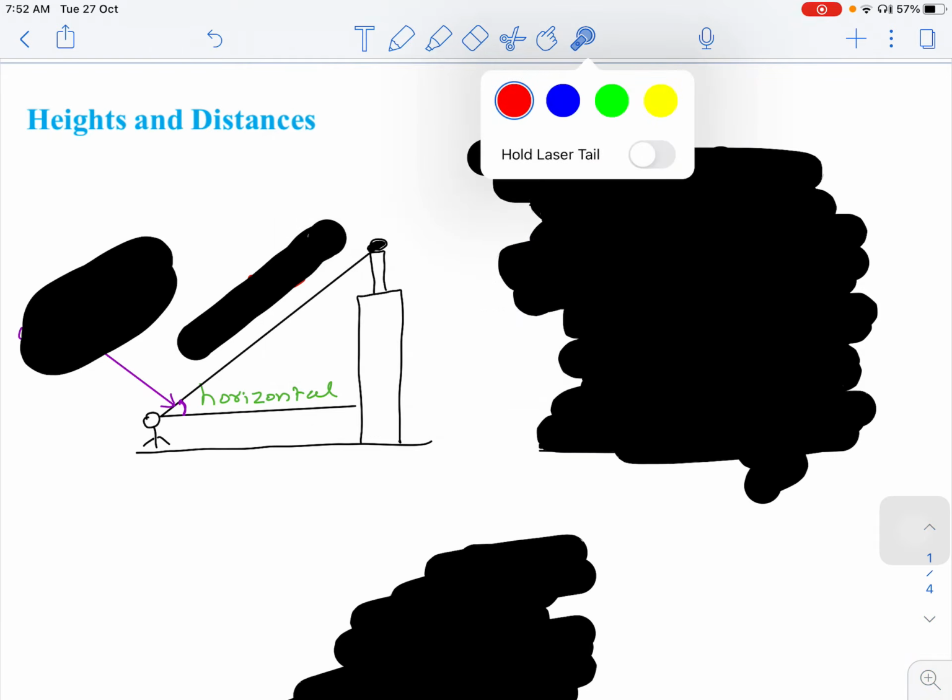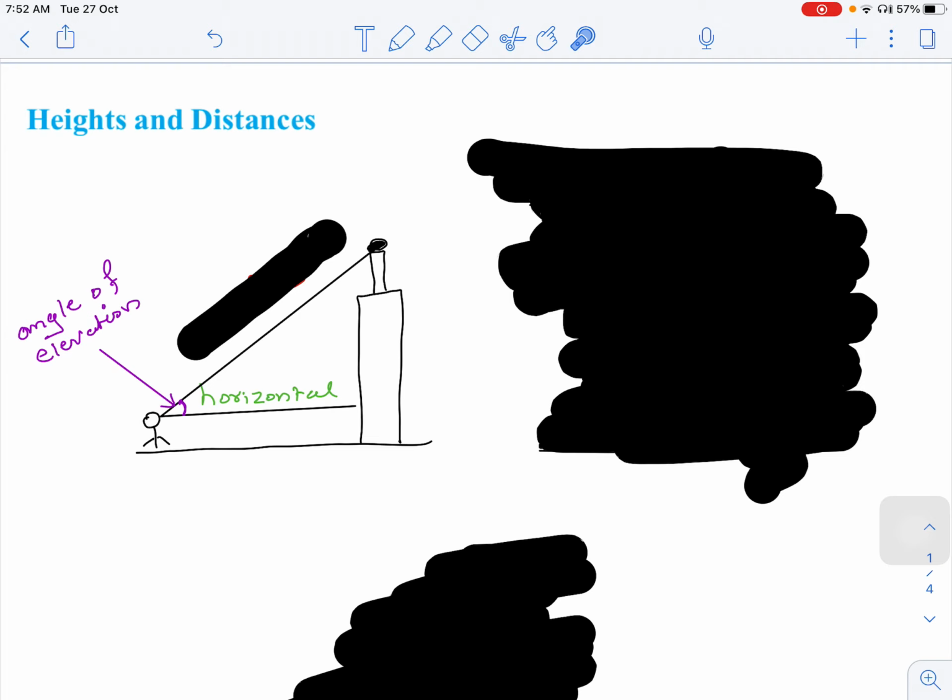Now here we can see that there is one more line. This line is known as line of sight, as we can see over here.